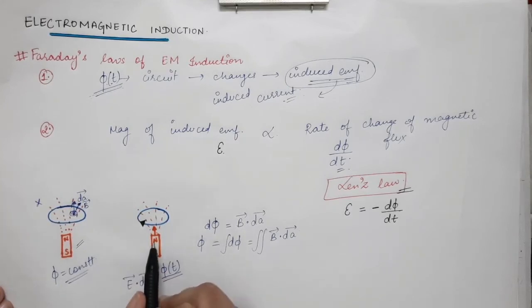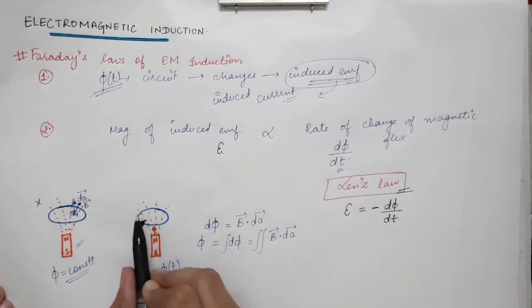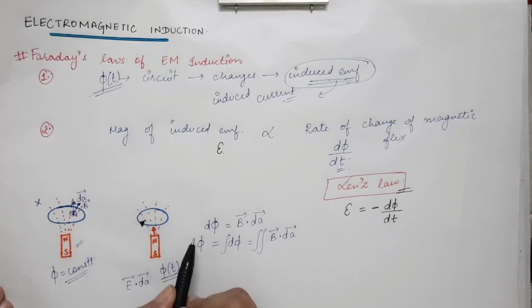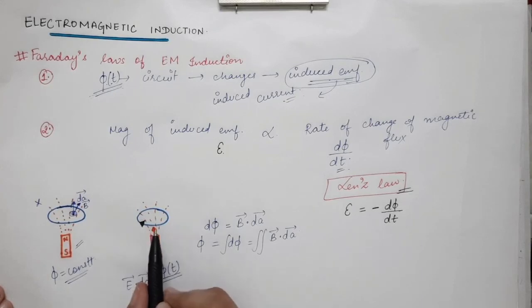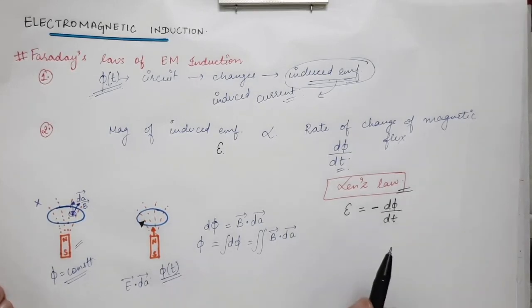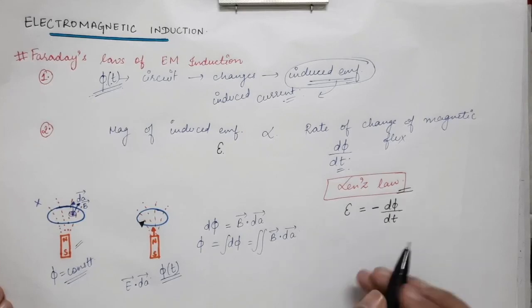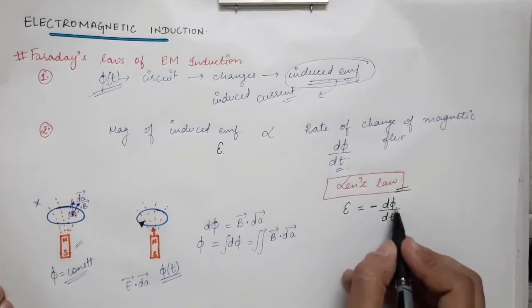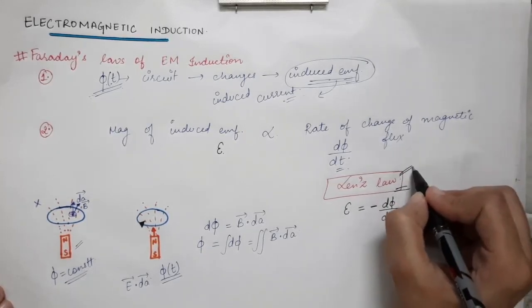So in the first case, the current will flow in clockwise direction. In the second case, when the bar magnet is moved away from the circular coil, the current will flow in anti-clockwise direction. So in both cases, the induced current or induced EMF is opposing the cause of its production. So E is equal to minus d phi by dt, and that is Lenz's law.